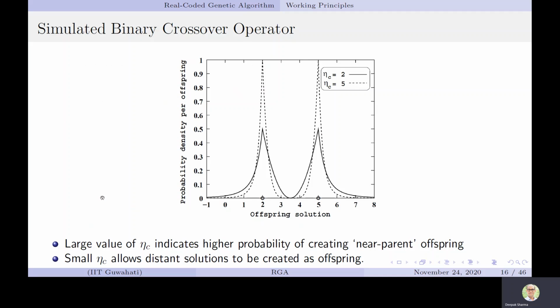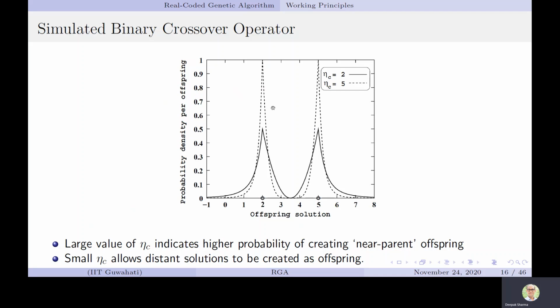There are certain properties of the SBX operator as well. Look at this curve. When eta c equals 2, it's a solid line. When eta c equals 5, it's a dashed line. Suppose we have two parent solutions, 2 and 5.